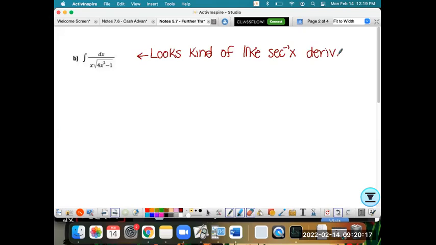So like I said, we don't need to do any algebraic manipulation. We have a plain 1 already. So we just need to figure out a good u sub here.